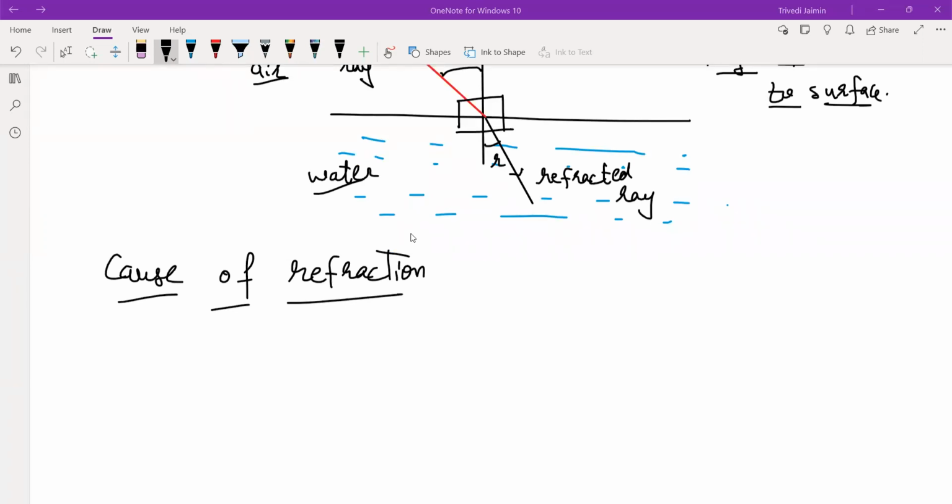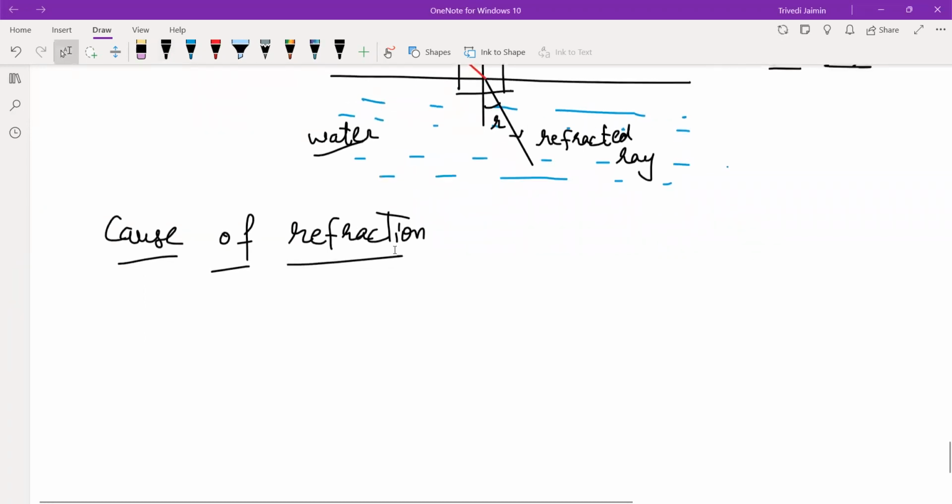Change in position, speed, so many things, right? Let's write one by one. Sir, force. Force, maybe. Let's think. Does force have any effect on this one? Maybe not. I think it's no force. So first we can say change in velocity.